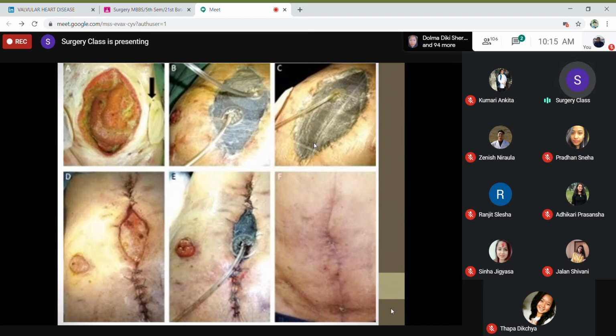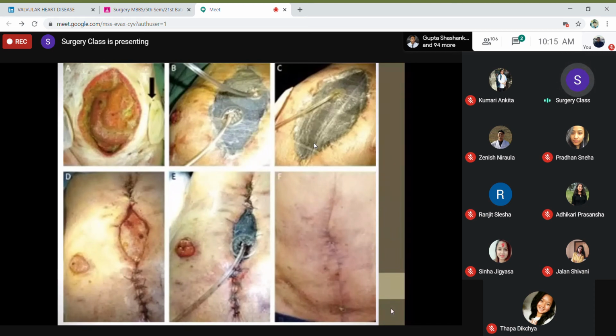The first one is the initial status, the second and third, the dressing has been applied to the fistula, and then you can see it has shrunk in size in D, in E it is more shrunken, and in F it is healed.